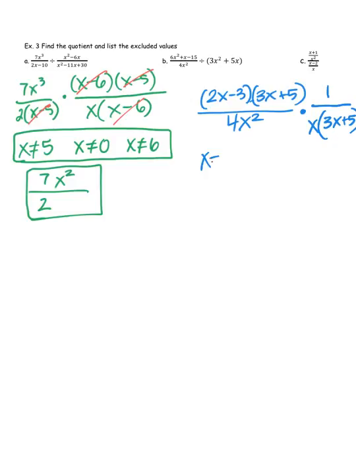Excluded values: x cannot be 0, x cannot be negative 5/3. Start canceling out anything that can cancel here and here. So that leaves me with 2x minus 3 over 4x cubed.